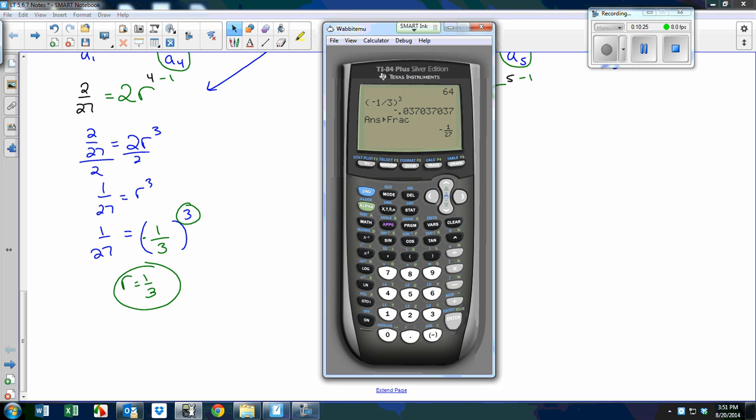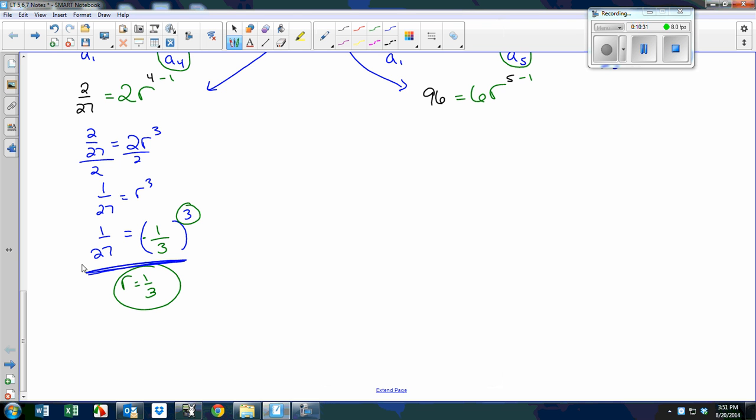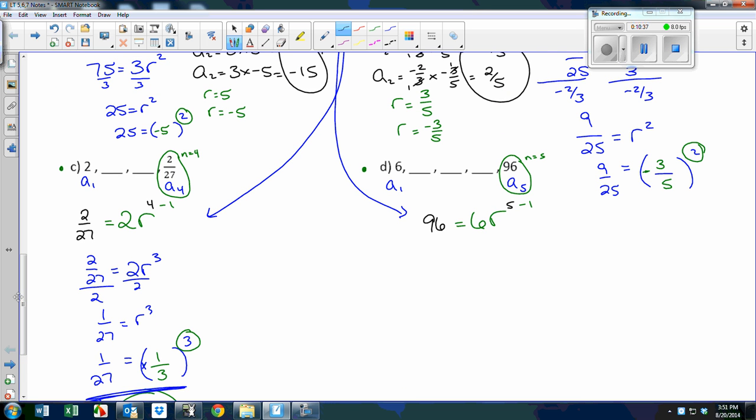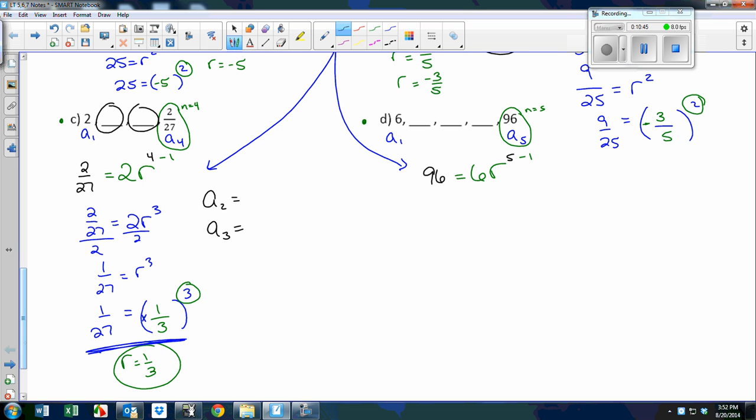So r cannot be negative 1/3. It doesn't give you the 1/27 that we were looking for back here. So that means there's only one r and it's 1/3, meaning there's only one set of A2 and A3, one set of missing numbers. And you find them by multiplying by the r, 1/3.